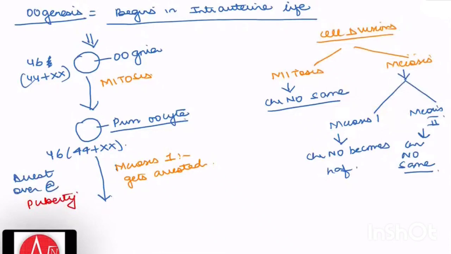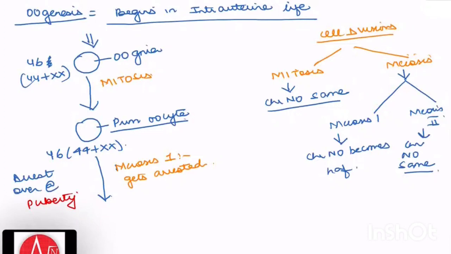So intrauterine life में start हुआ ये process. Primary oocyte बन गए, but primary oocyte are not being able to convert into secondary oocyte. So now what is going to happen? Now this primary oocyte is going to remain like this in intrauterine life, and when a baby will be born, तब भी उसकी ovary में primary oocyte होंगे, and till puberty primary oocyte रहेंगे.